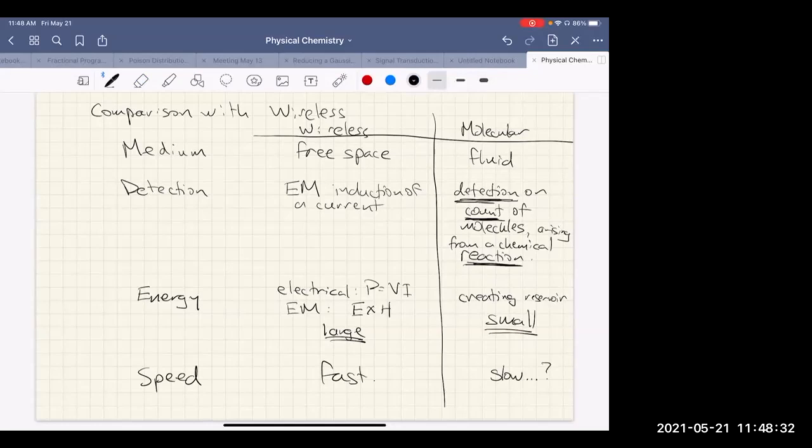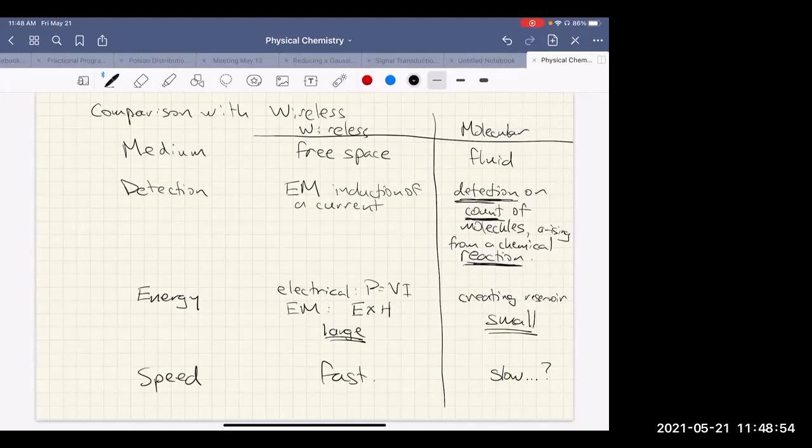However, I will show you later in this course that it's slow in small systems, but if you consider systems to be large, then you can actually counteract the speed disadvantage. However, that means you are also expending more energy because the system is larger.